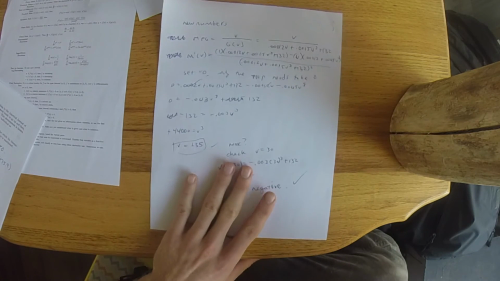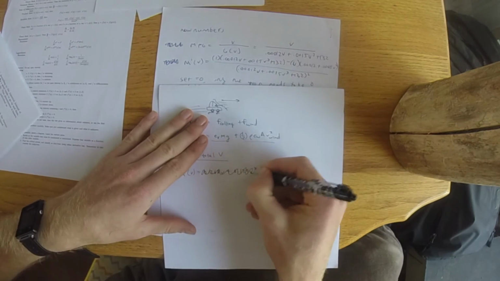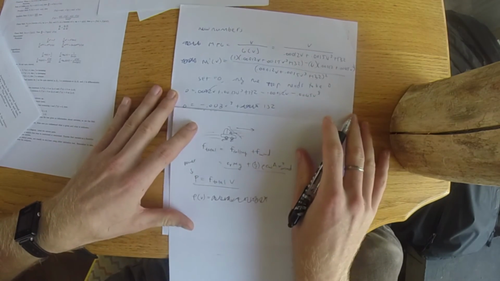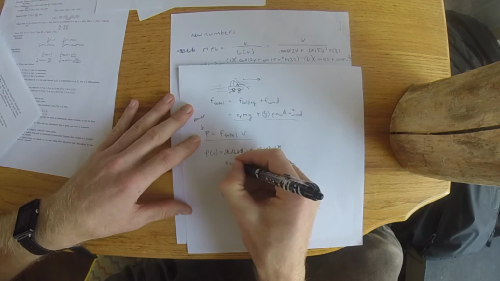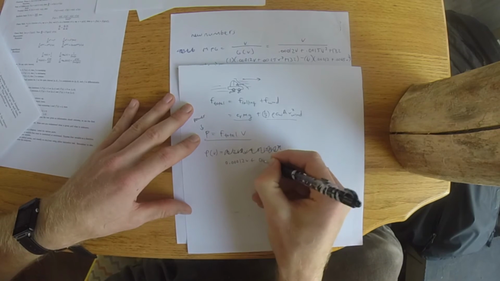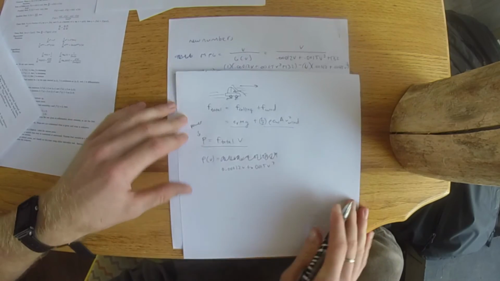I think I changed these coefficients a little bit on you for the one I printed out. So P of v here is 0.00012v plus 0.0015 v cubed.